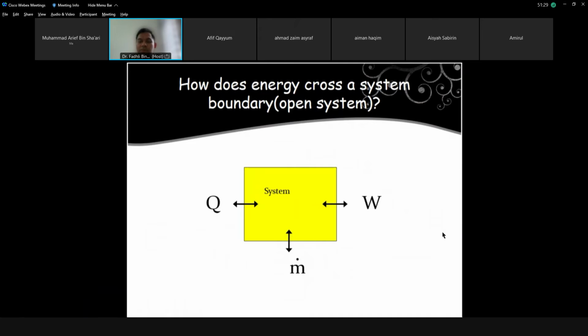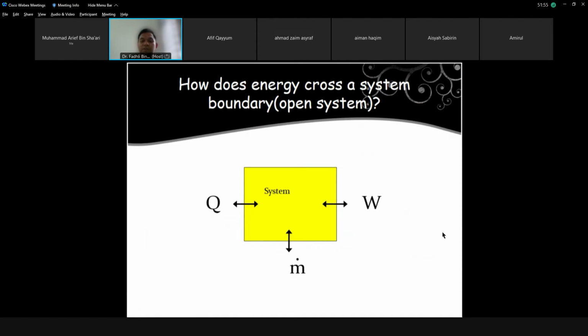Mass mestilah ada energinya. Untuk memasukkan mass ke dalam sistem ataupun mengeluarkan mass daripada sistem, kita perlukan energy. Dia tak boleh masuk tanpa ada support, tanpa ada force. Kan? So perlu ada force yang menolak mass masuk dan keluar daripada sistem. Bila ada force, mesti ada distance. Betul tak? So if we combine force and distance, kita akan dapat kerja.